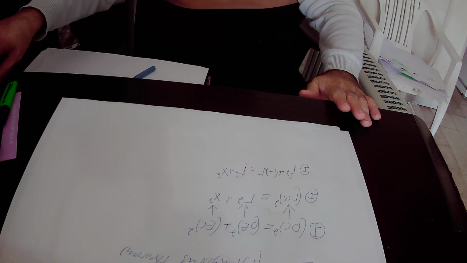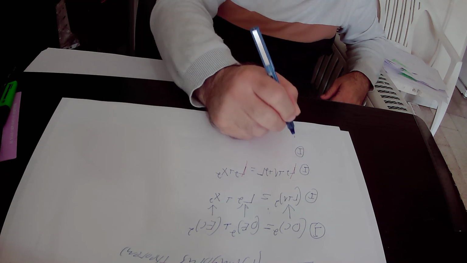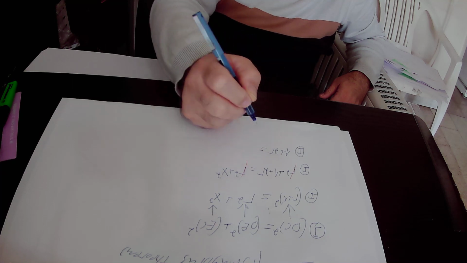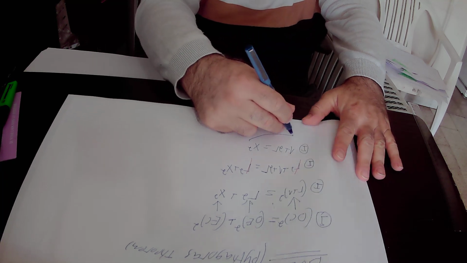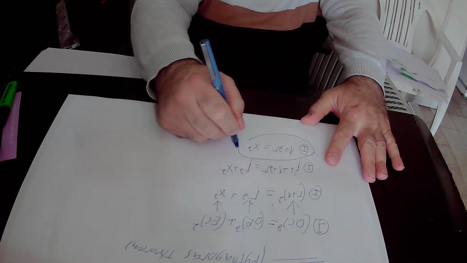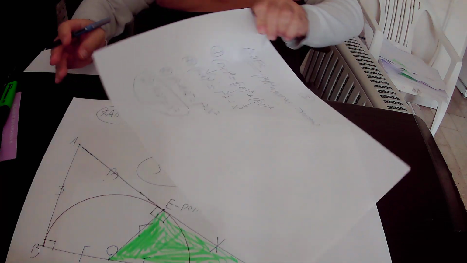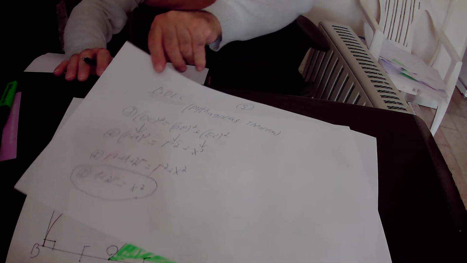What is left is actually 1 plus 2R equals X square. So we found out that according to equation number 1, 1 plus 2R equals X square.